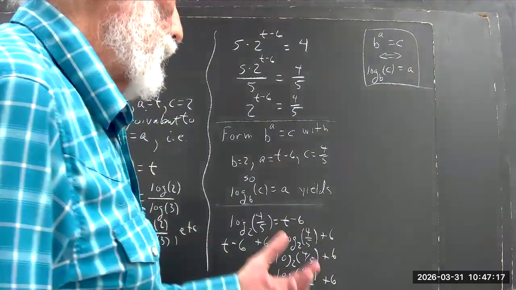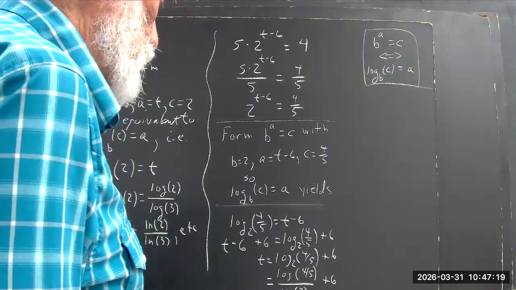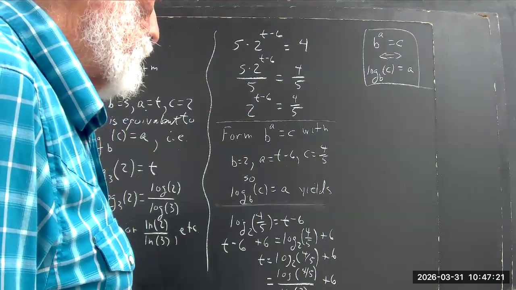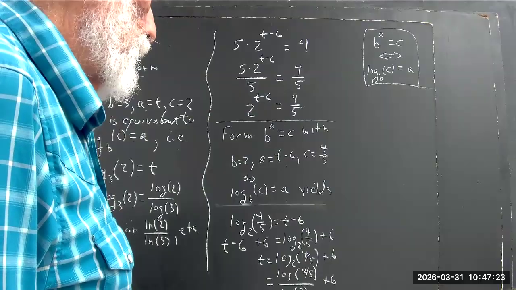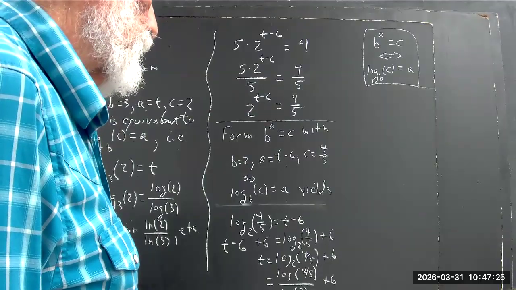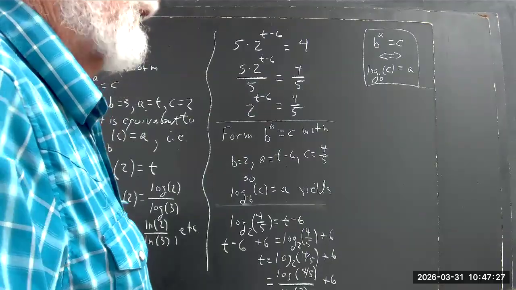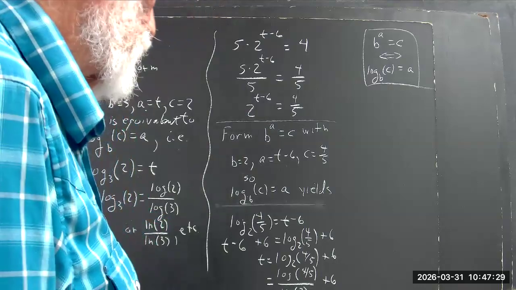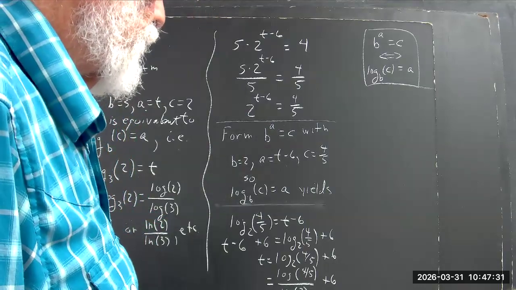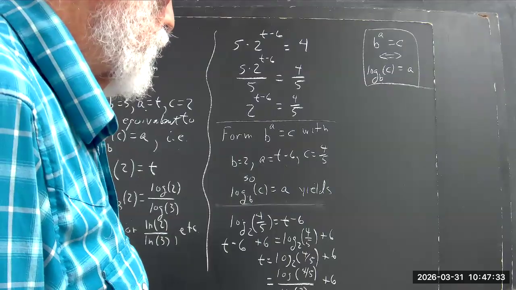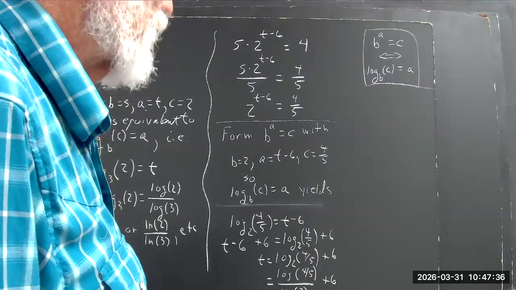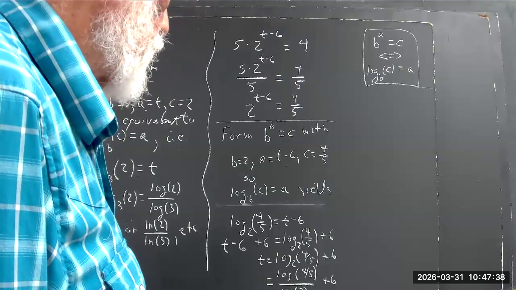And then put that into your calculator. Okay. You're going to get something like 5.8, 6.8, 5.8, 6.8 or 6.9.